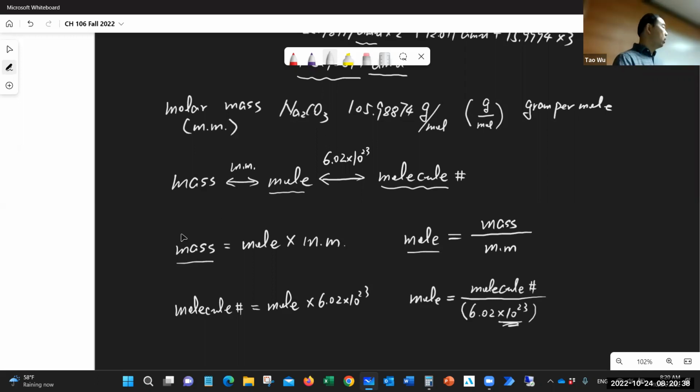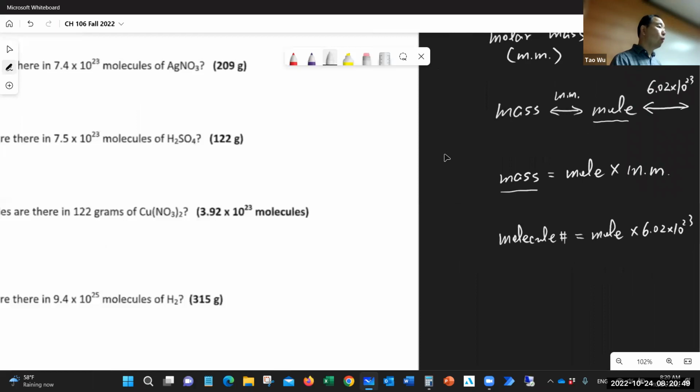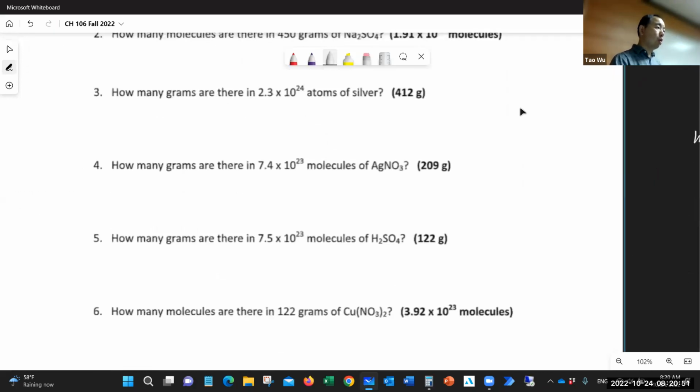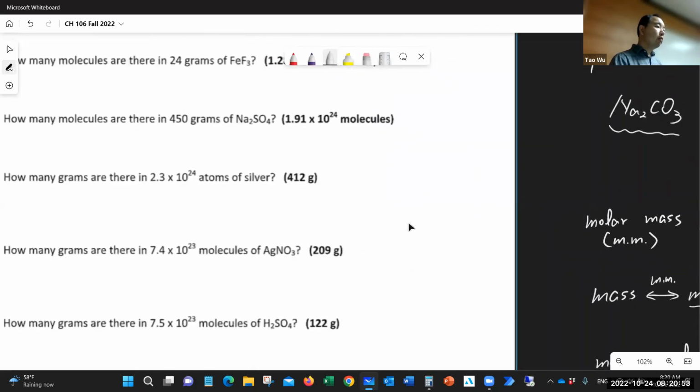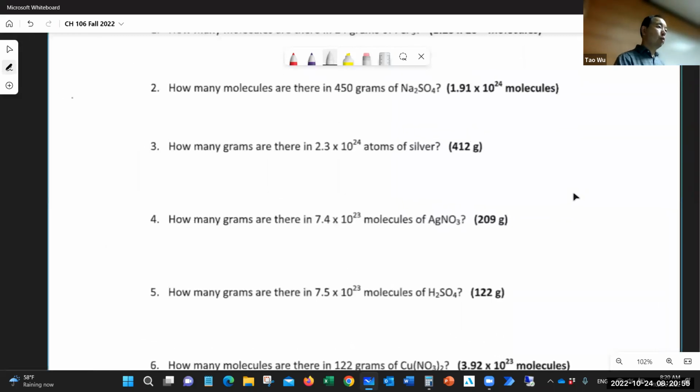And last time we also did the practice study guide, the worksheet for the unit conversion. Today we're going to spend a little more time to review one more question. The very important part we talked about last time is that when you do such questions, you need a clear map, which means you need to know how to convert between quantities.